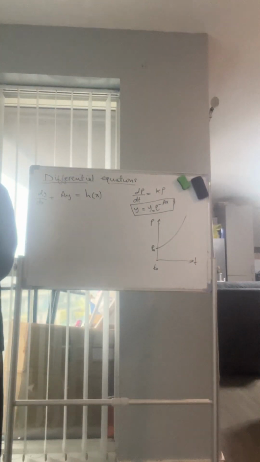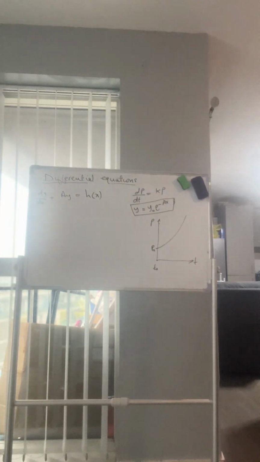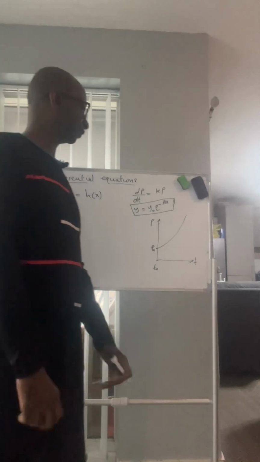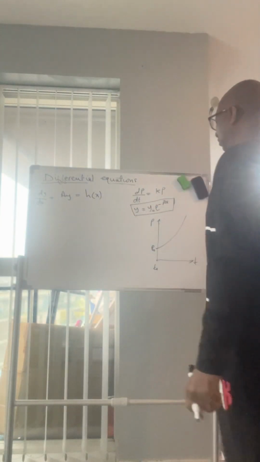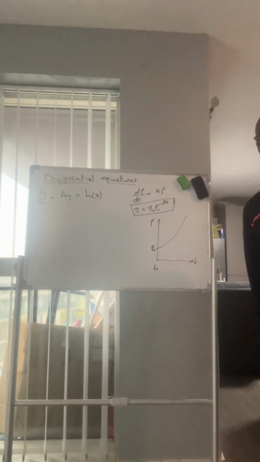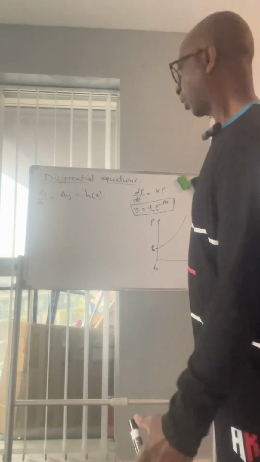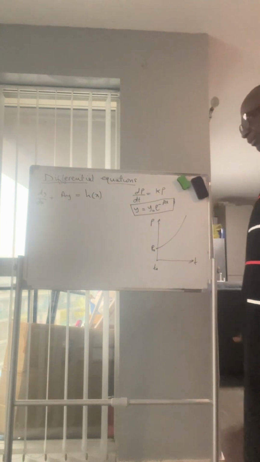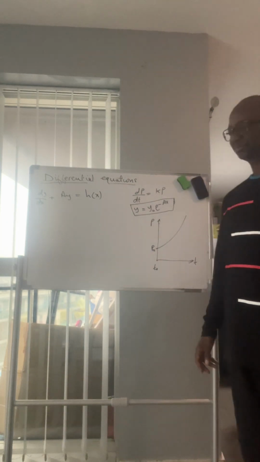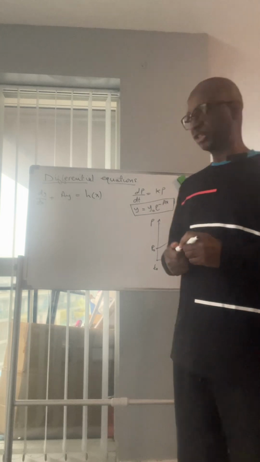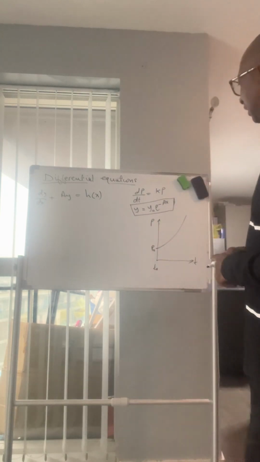Remember, when we talked about the applications of differential equations, we talked about population growth, or the population dynamics of species in a particular environment. We did mention that the rate of change of population is directly proportional to the population itself.